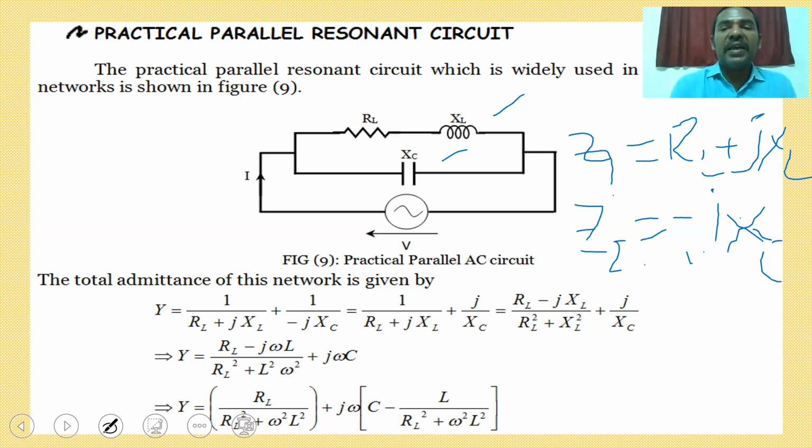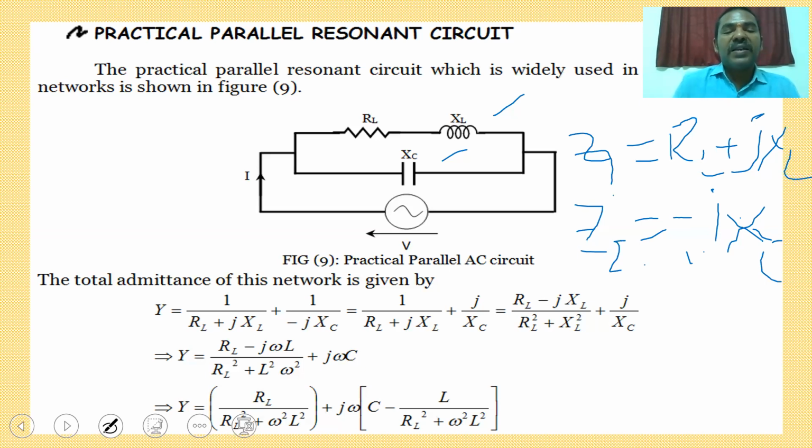So calculate the admittance values Y1 and Y2. Then the net admittance value Y is equal to Y1 plus Y2, so 1 by RL plus jXL plus 1 by minus jXC, that is equal to 1 by RL plus jXL plus j divided by XC.